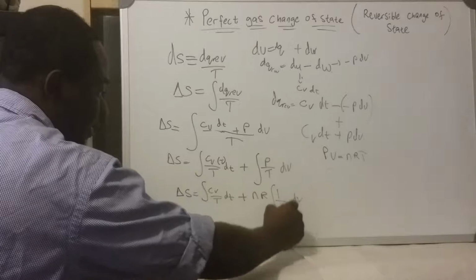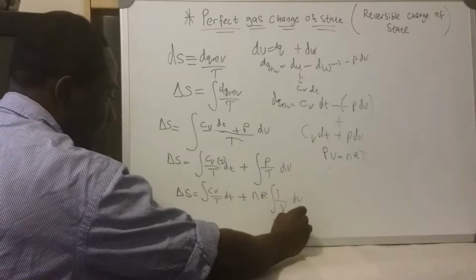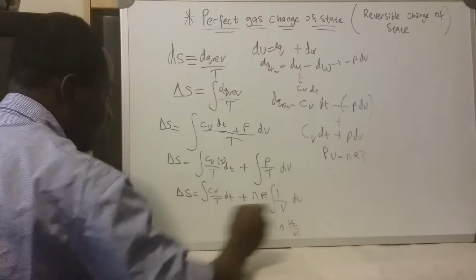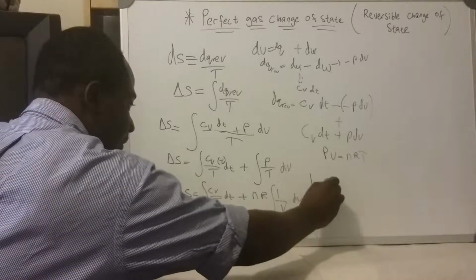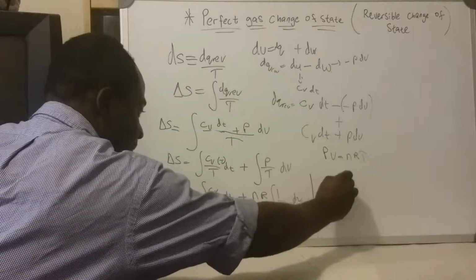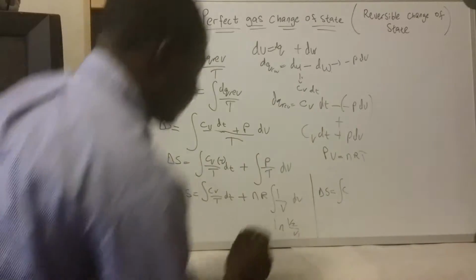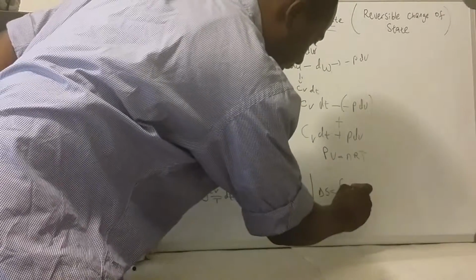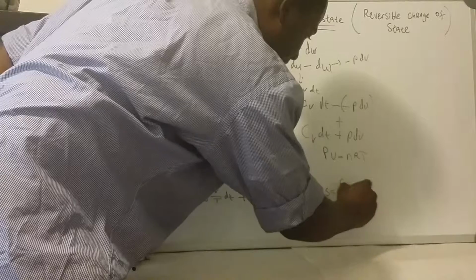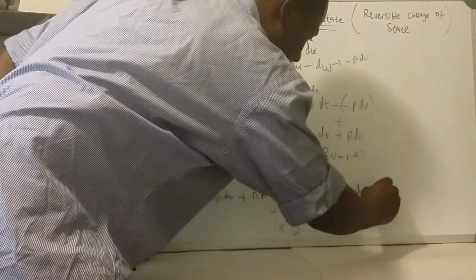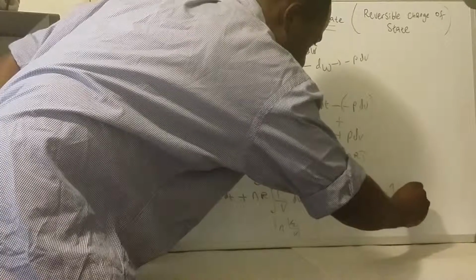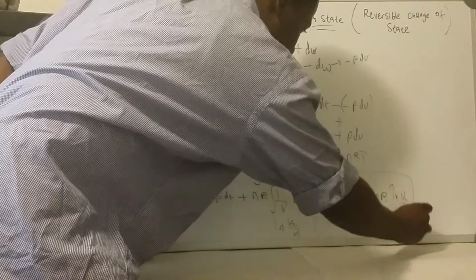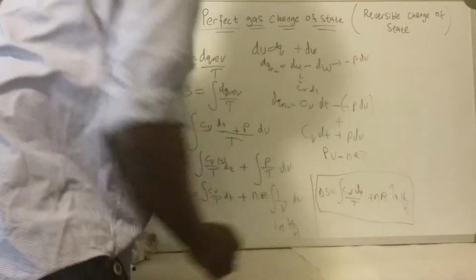So now this integral is equal to ln V2 over V1. So delta S is equal to the integral of Cv dT over T plus nR ln V2 over V1. That's it.